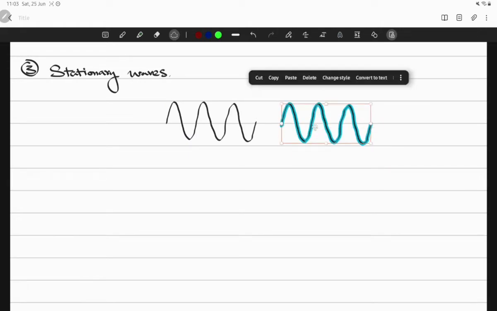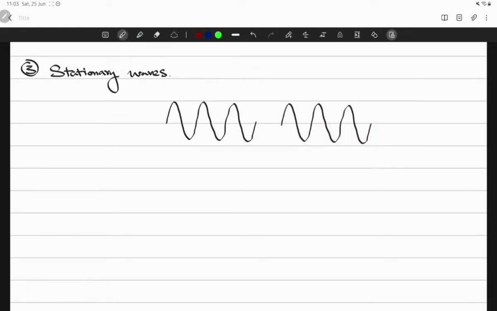So we have these two waves, but the condition at this point is that these two waves must have their frequencies equal, omega 1 is equal to omega 2, and their amplitudes x naught 1 is equal to x naught 2 should also be the same, and they are moving along the same line.